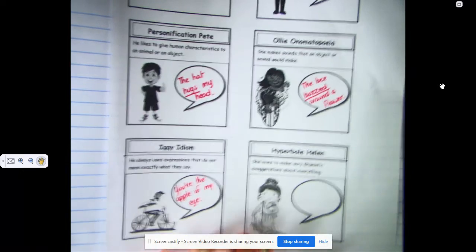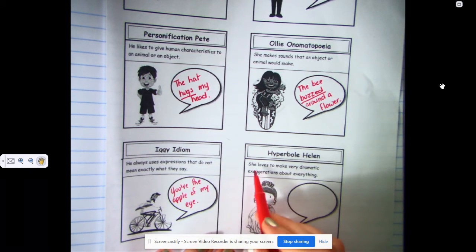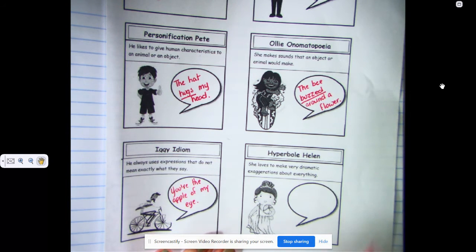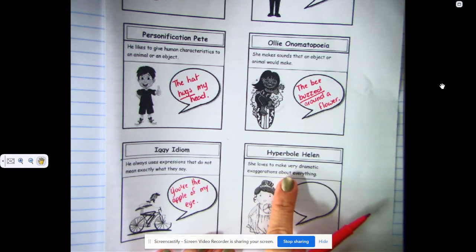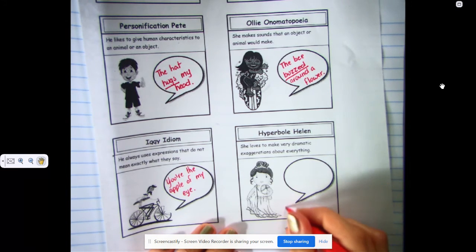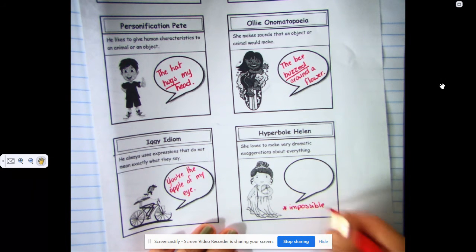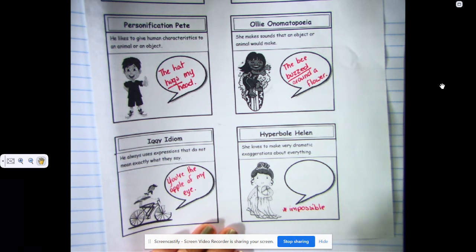And our last one is Hyperbole Helen. She loves to make very dramatic exaggerations about everything. We get confused about this one a lot when we see exaggerated text. I want you to write down here that this is going to be an impossible exaggeration. So just because someone exaggerates does not make it a hyperbole.